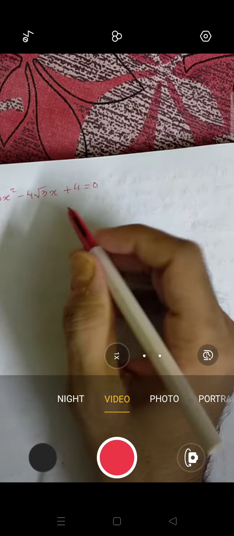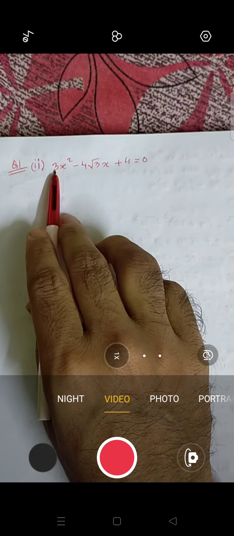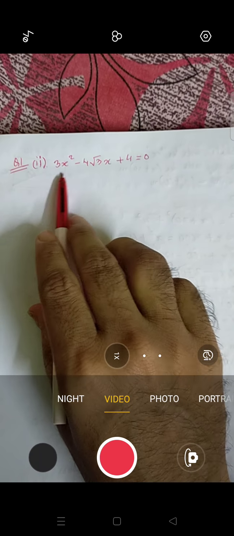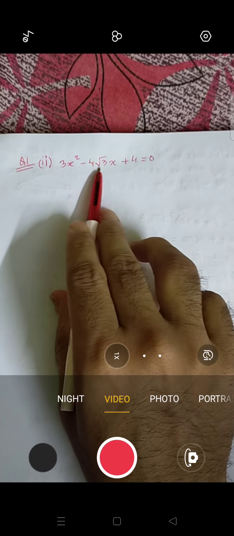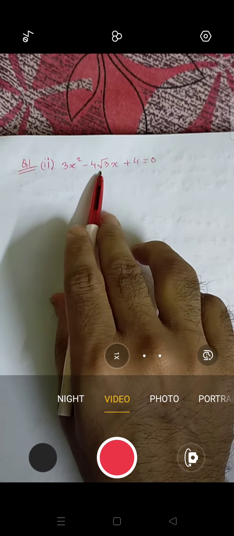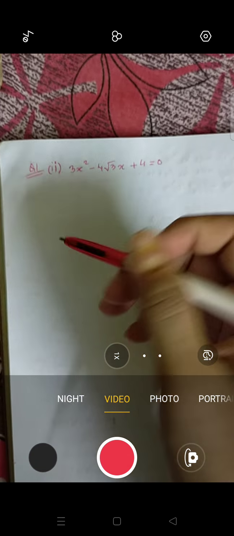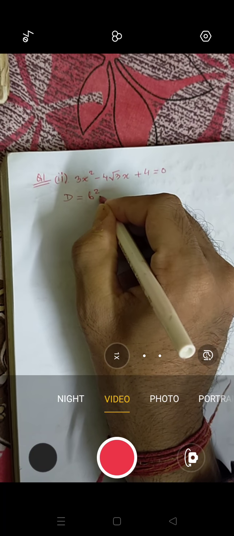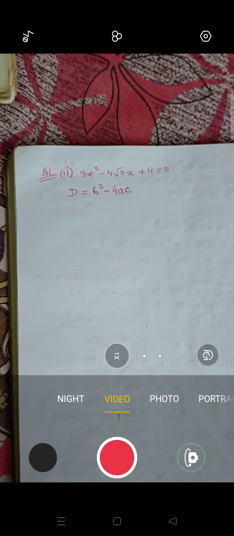So here we already know that this 3 is called the coefficient of x square, that means a. This is called the coefficient of x, minus 4 root 3, and this is called the constant term. So we'll say that d is equal to b square minus 4ac. This is the discriminant.